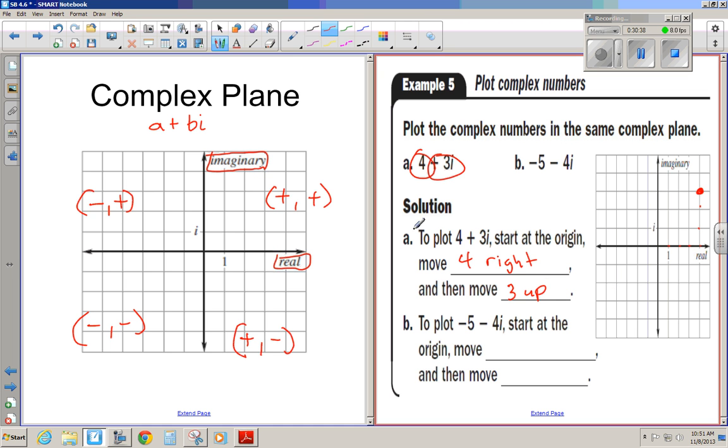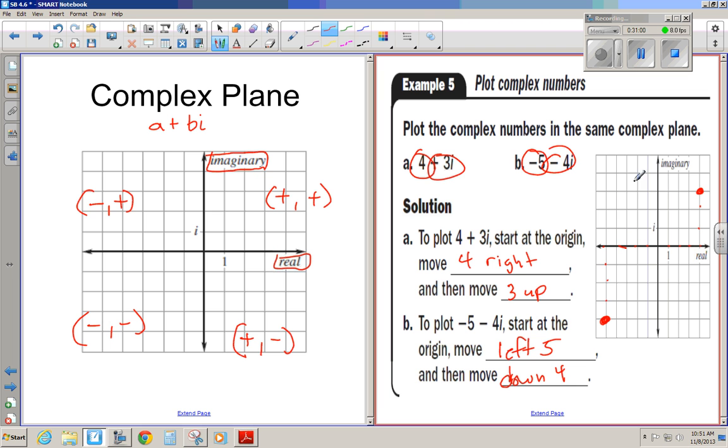To plot this other one, this is the real, and it's negative, so 1, 2, 3, 4, 5. This is the imaginary, so it's negative, so 1, 2, 3, 4. So you would move left 5, down 4.